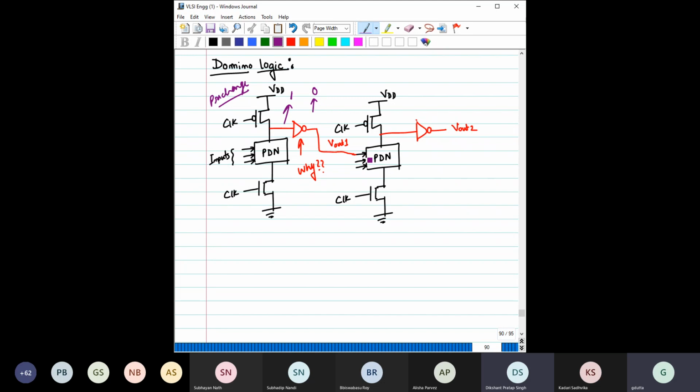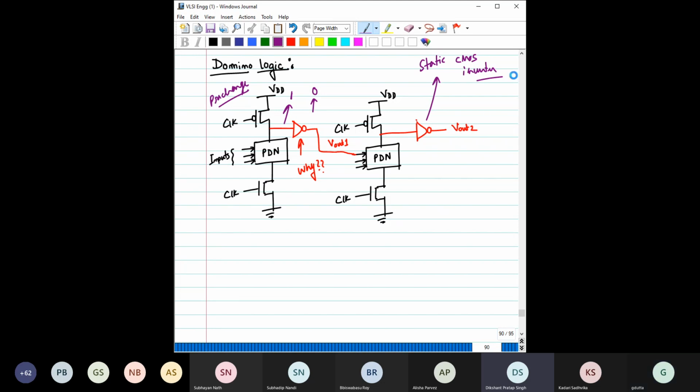So 0 voltage has been applied, and the pull down network is made up of NMOS. 0 cannot turn on this NMOS, so the question of further leakage is not there, right? So by simply introducing a static CMOS inverter in between, you can remove that issue.